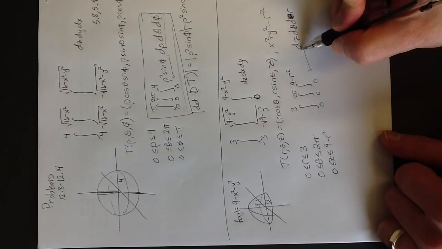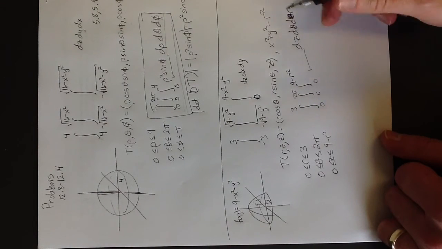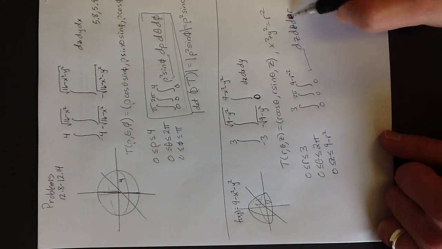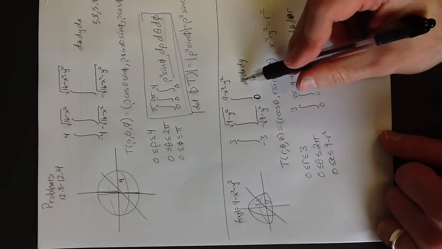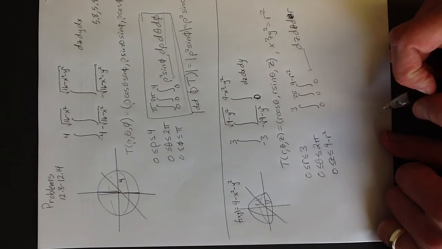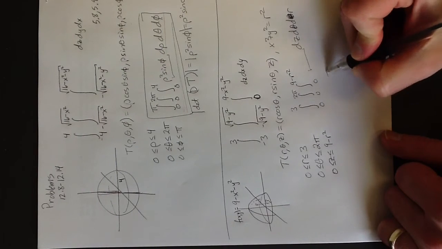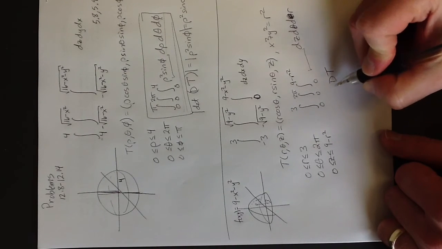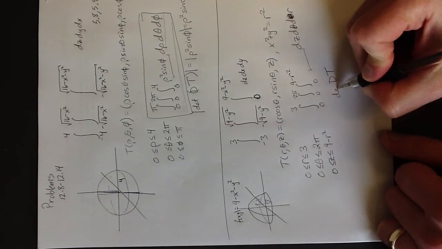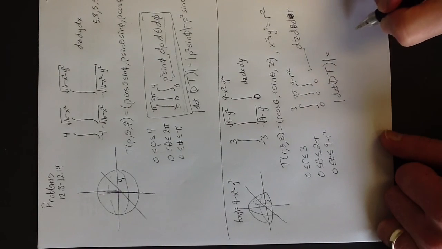And don't forget the Jacobian here. The dz, d theta, dr gets stretched or shrunk. That little tiny infinitesimal box gets stretched or shrunk as we go back to xyz coordinates. And how much does it get stretched or shrunk by? That is the Jacobian. So we take, again, the determinant of the derivative of the transformation, and take the absolute value of that.